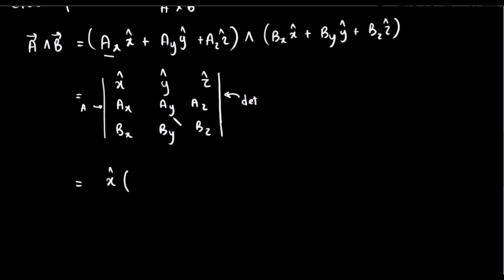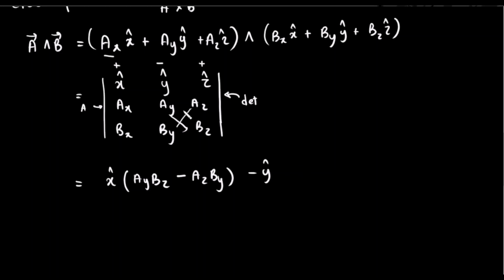We will have to multiply ay bz and subtract az by, so ay bz minus az by. Likewise you will have y hat. If you are considering this as plus, you will have to consider this as minus, and this as plus. That is why I put a minus sign over here.